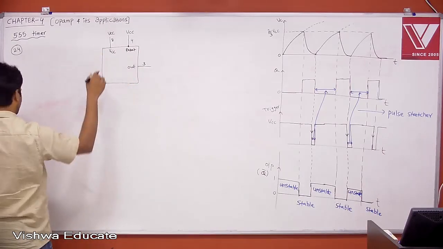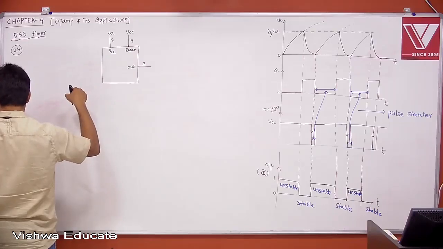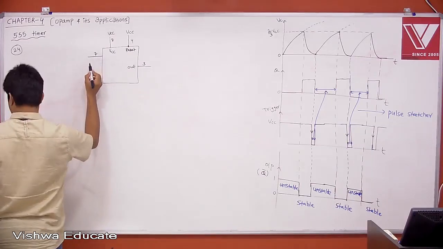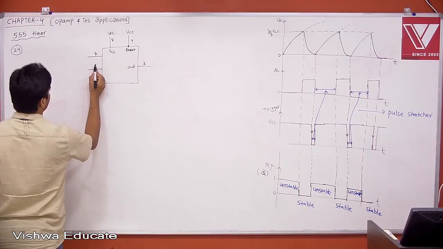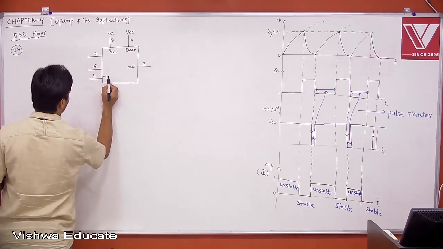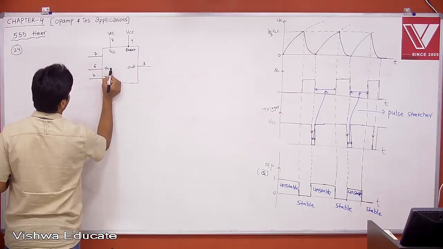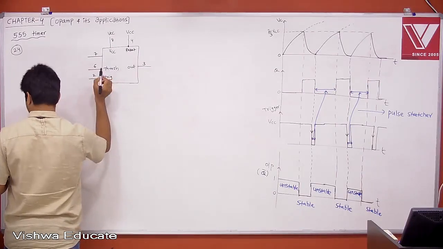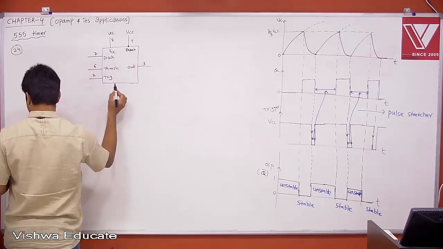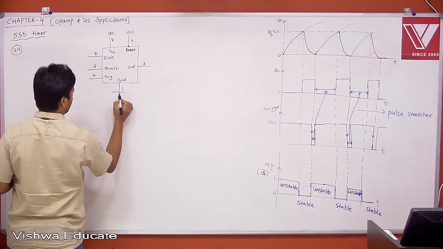He has given pin numbers outside. Okay, but what I explained is pin numbers inside and then output description. Okay, this is 7, this is 6, this is 2, this is trigger, this is threshold voltage. It has given like this only, and discharge, and this is ground, pin number 1.